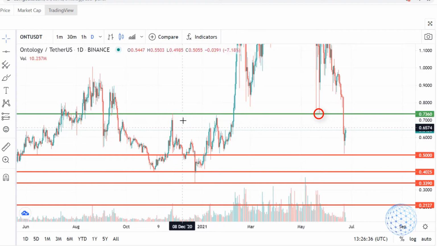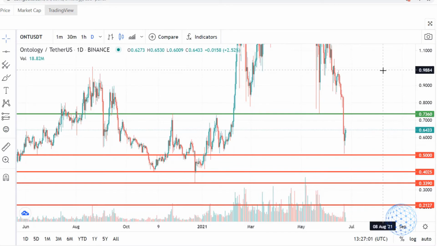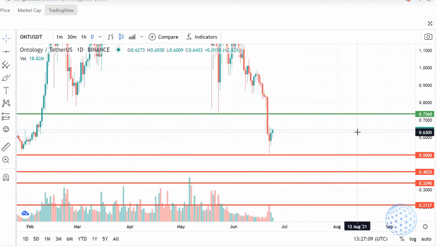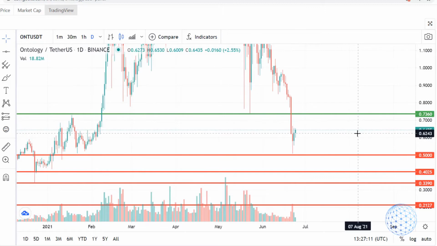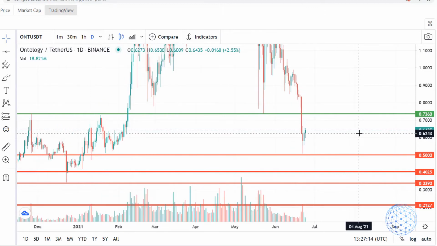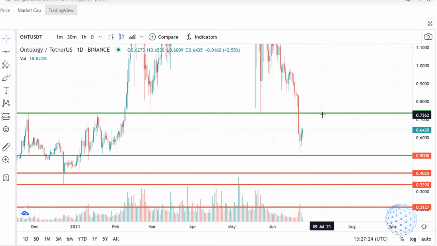Okay, so here it was a resistance and here it was a support, which makes the level important. And if you are a short-term player, or if you are scalping the market, keeping the trades for a few days or weeks, not months and years, or in other words, if you are trading but not investing, then you can use this level to take some profits.